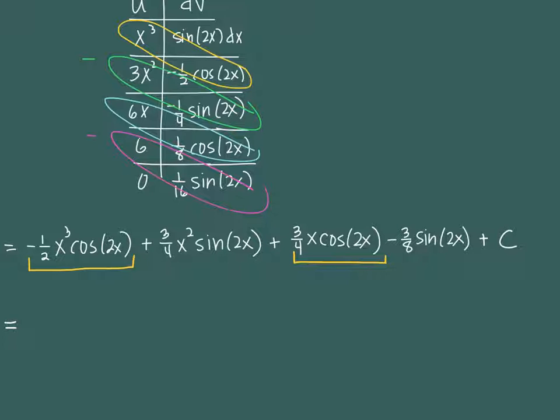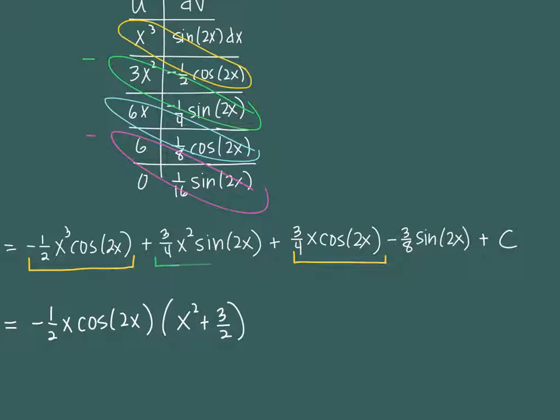So in terms of the cosine terms, I could take a negative 1/2 x out of the cosine terms. That would leave me with x squared plus 3/2 when I factor just the cosine terms out.